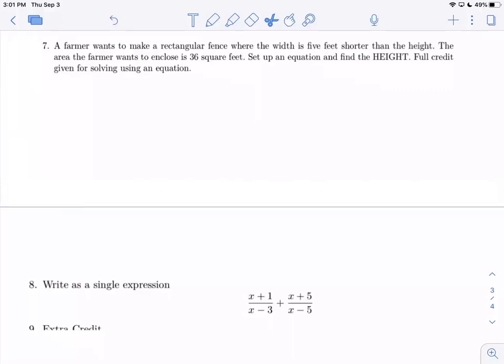Okay, let's see here. And a nice hint is, once you have an equation set up, see if you can apply what we just worked on with quadratics to solve it.